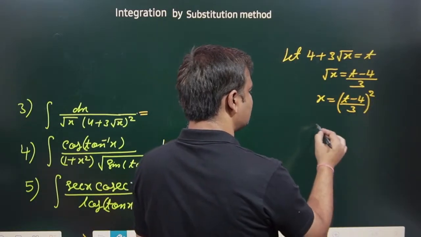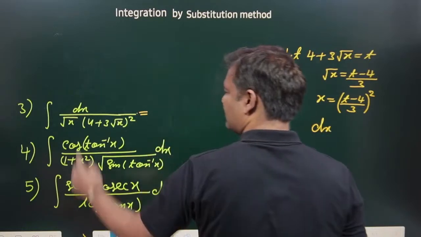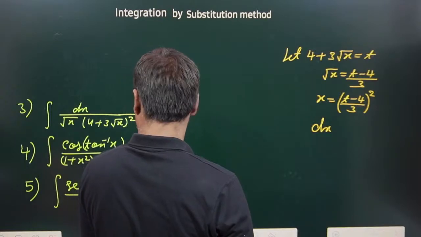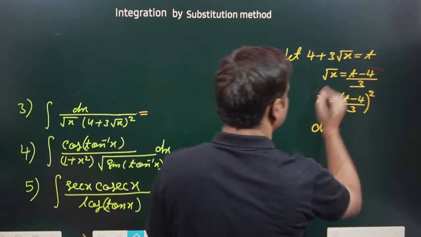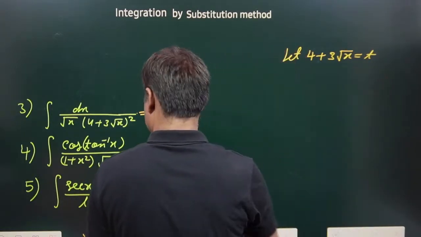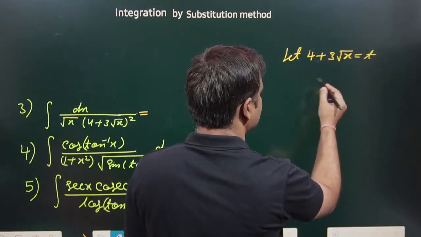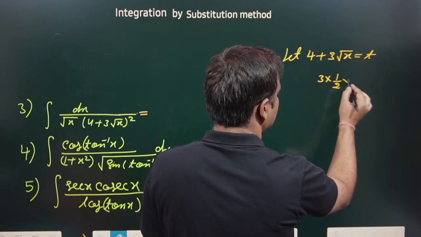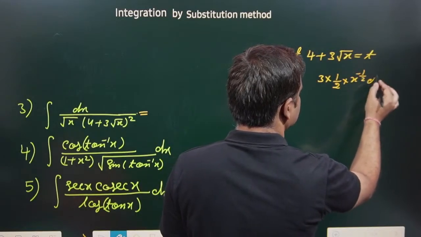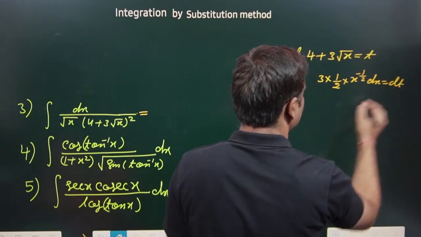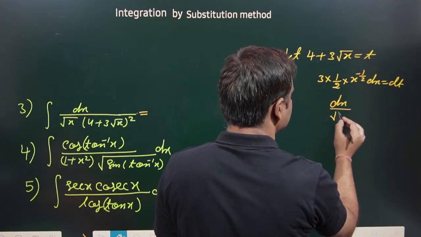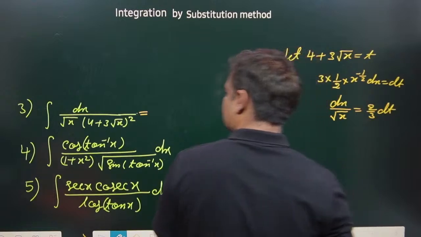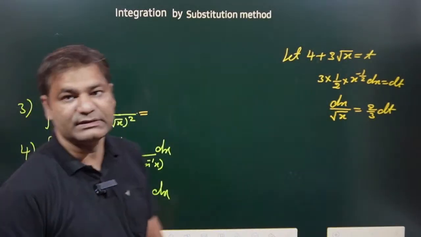If we differentiate both sides with respect to x, here root x is also given, so don't worry. 3 into 1 by 2 into x to power minus half dx will be equal to dt. So dx divided by root x is how much? 2 by 3 dt. So dx upon root x is replaced by 2 by 3 dt.